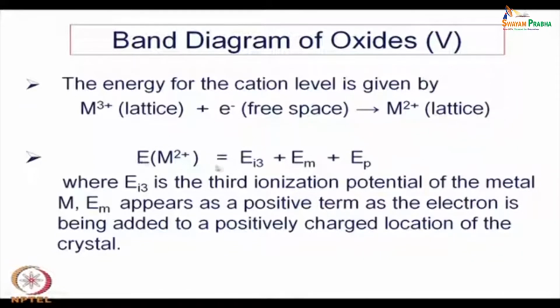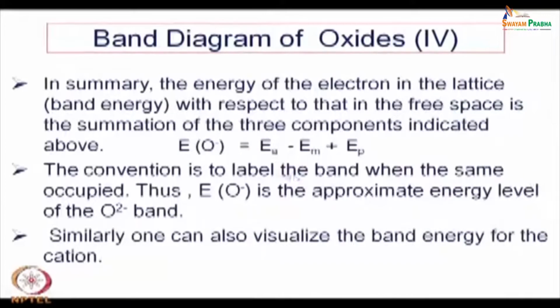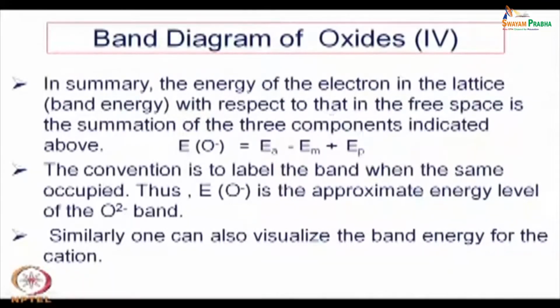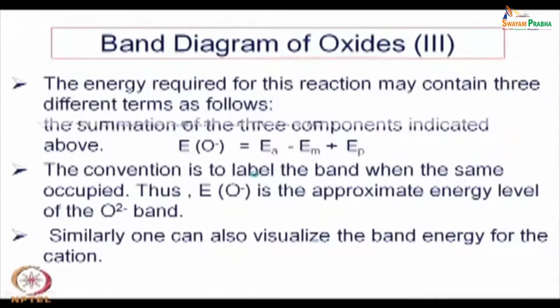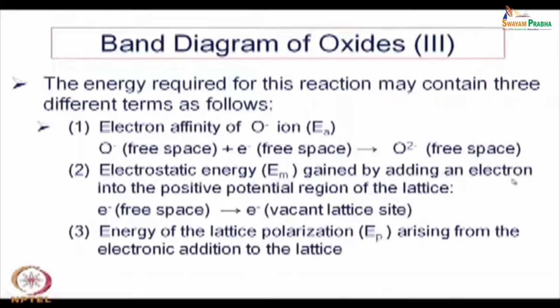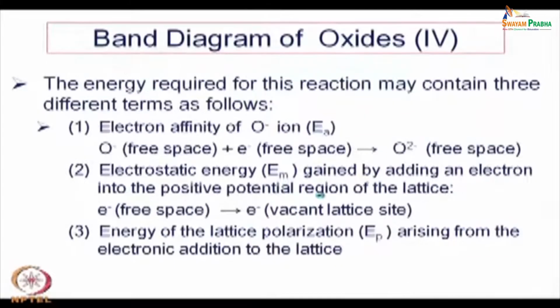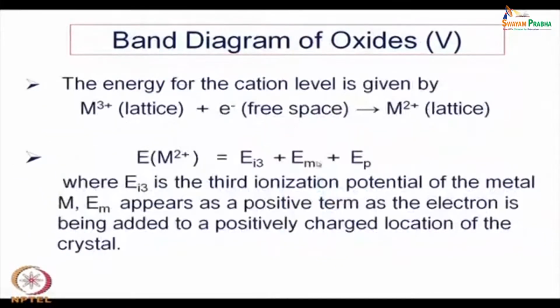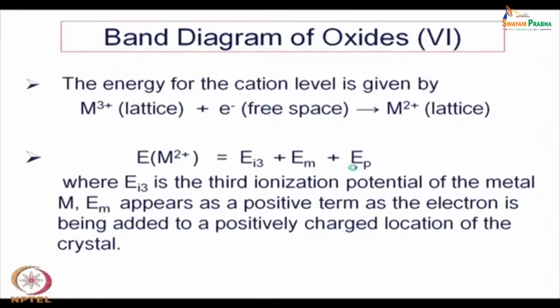So, ultimately the total summation is the third ionization potential energy EI3 of M3 plus, and then the EM component, the energy gained by the electron in the positive potential. Here also the EM is there, but it is a positive term. Earlier it was a negative term, and this is EP, polarization, which is always positive.